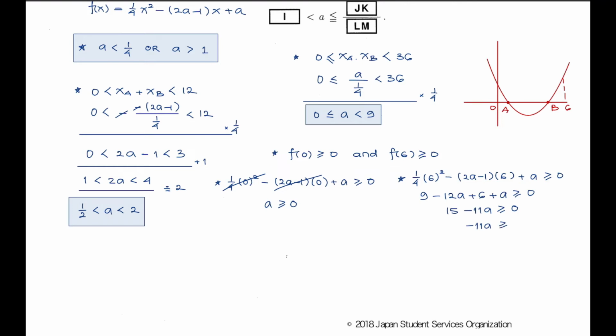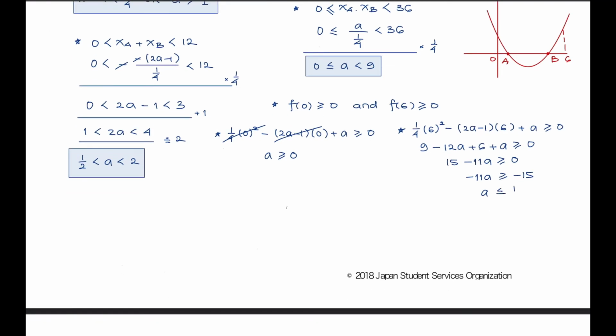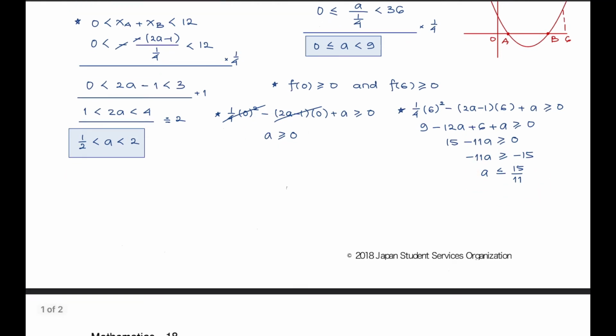Negative 11a greater than or equal to negative 15, then a, don't forget to reverse the sign because we divide by a negative value. So a must be less than or equal to 15 over 11. So our last condition is a greater than or equal to 0, but a must also be less than or equal to 15 over 11. So the last condition is 0 to 15 over 11.